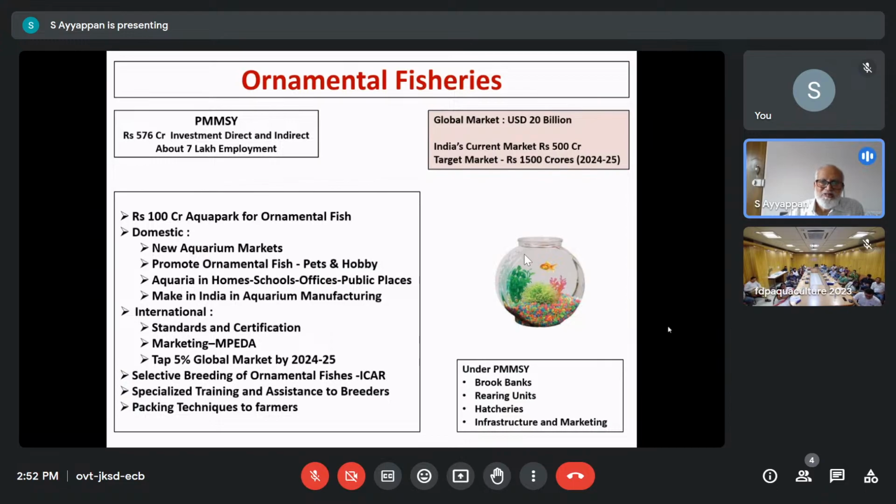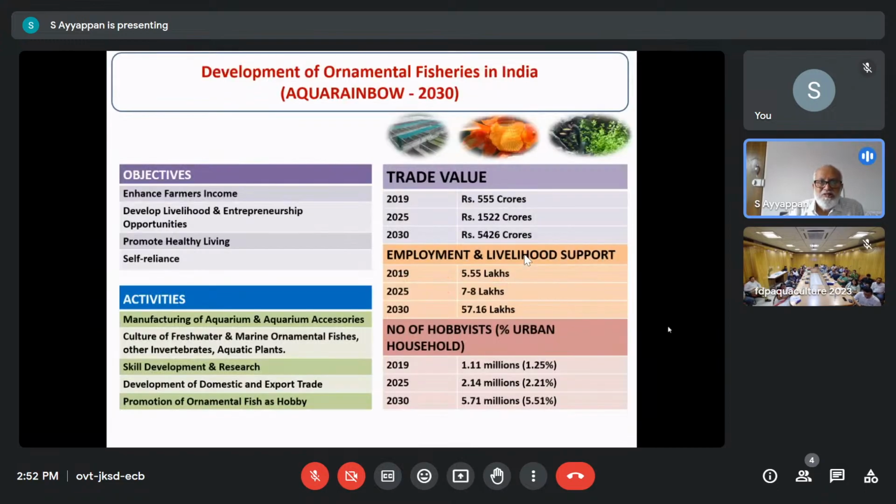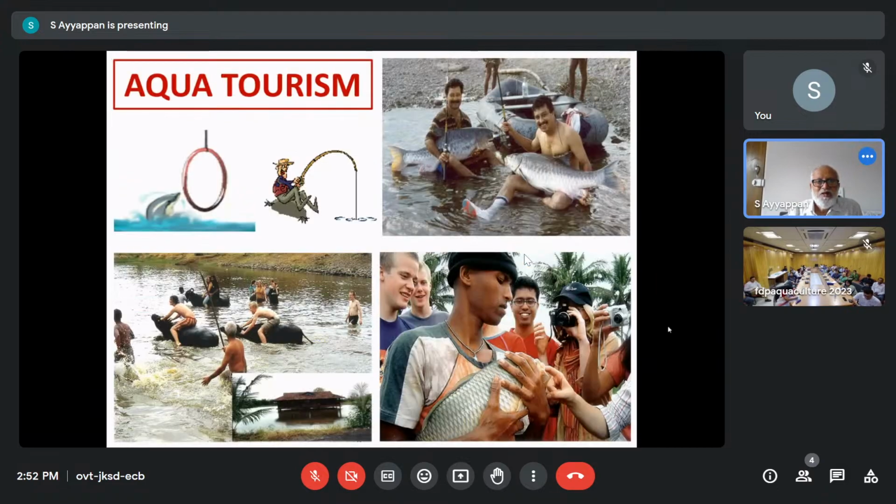So it's about more than 600 crore rupees that is projected for ornamental fisheries across the country. So, as I just mentioned, huge potential. Trade value is more than 500 crores, and what is projected is 5,000 crores, tenfold increase, for employment and again for entrepreneurship. Aquatourism is another thing that's being talked of.